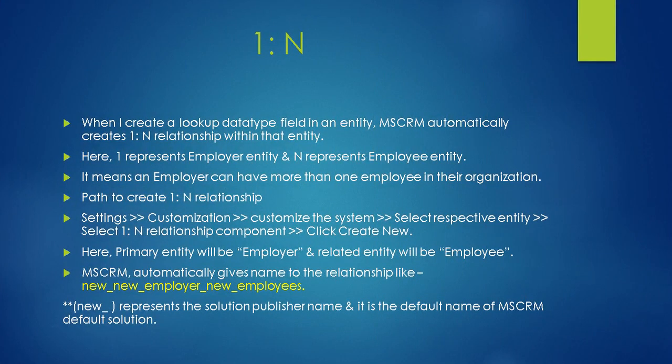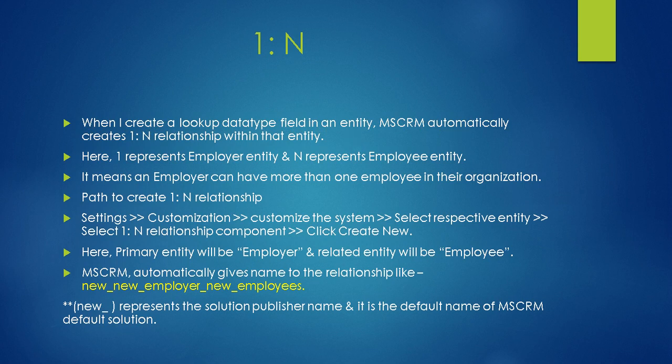So first understand what is 1:n relationship. Like when I create a lookup data type field in an entity, MSCRM automatically creates 1:n relationship within that entity.